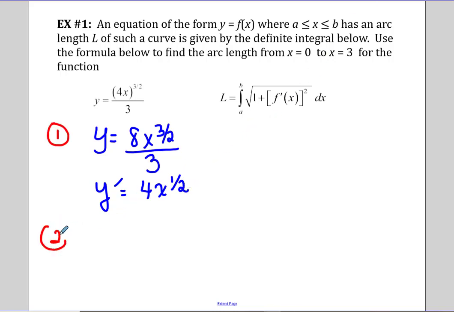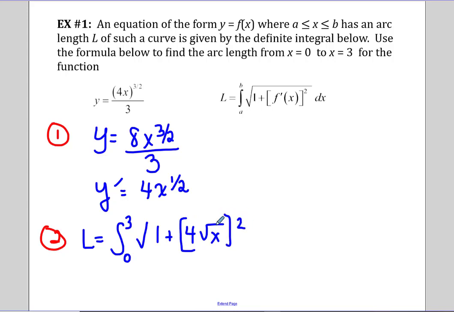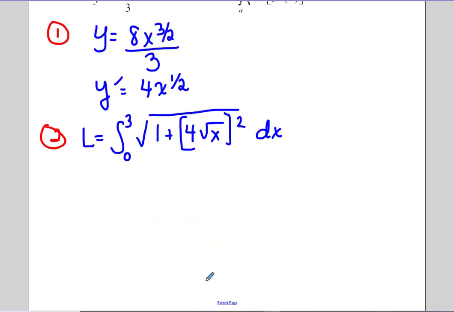So next we want to substitute using that formula. The arc length is that integral from 0 to 3 of the square root of 1 plus f prime, which is 4 square roots of x, squared under the radical with respect to x.